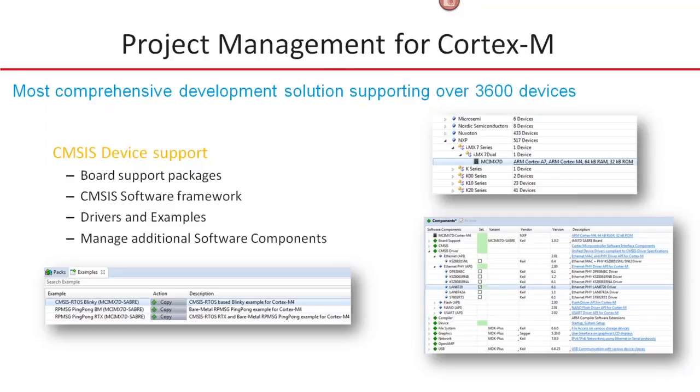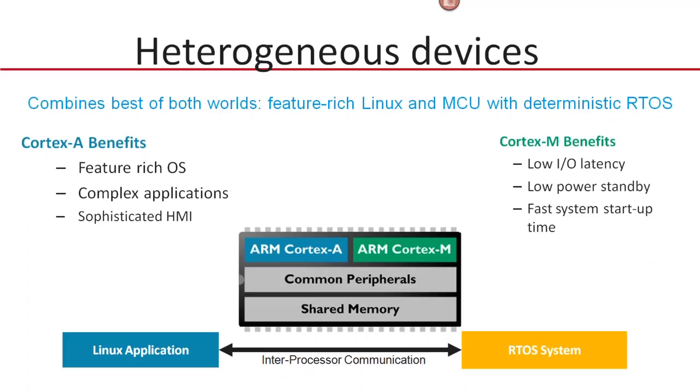Within the DS-MDK, it imports all of the CMSIS packs, so it can be used to develop for Cortex-M devices as well. So it's not really there yet to work with standard microcontrollers, but it's really aimed at working with heterogeneous devices, where we have a Cortex-A processor that will typically be running a feature-rich operating system like Linux, and a device that also contains a Cortex-M processor, typically a Cortex-M4.